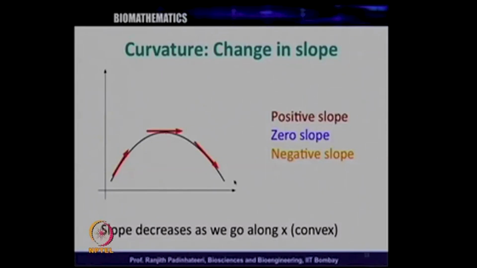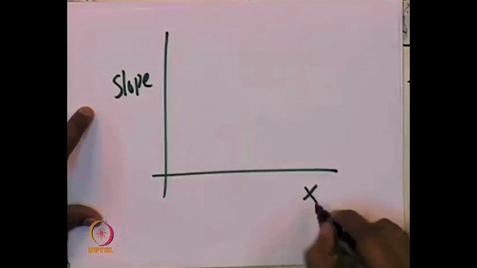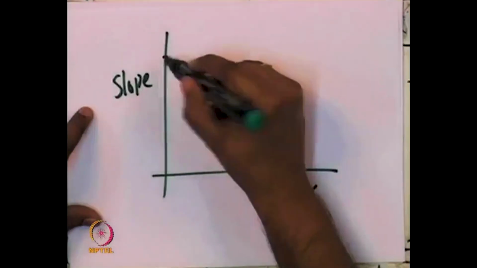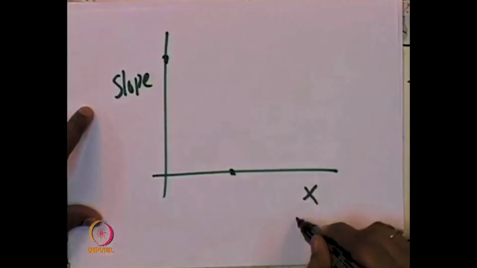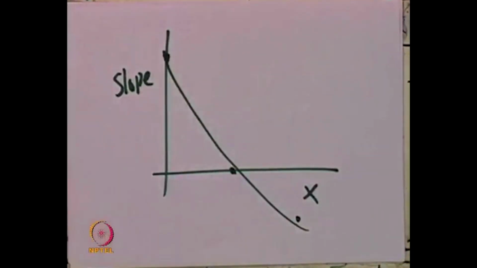If you just plot the slope and x, first it was some positive value, then it became 0, then it became negative. So, the slope was somehow decreasing. This kind of curve where the slope is decreasing is called a convex shape.